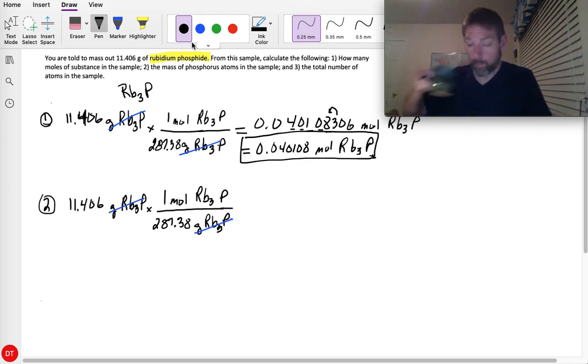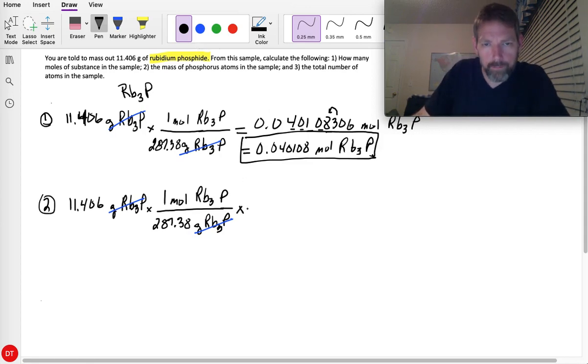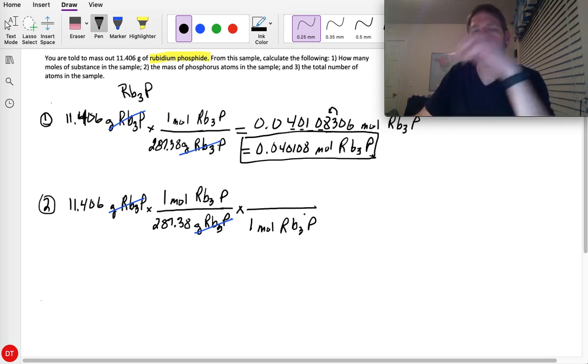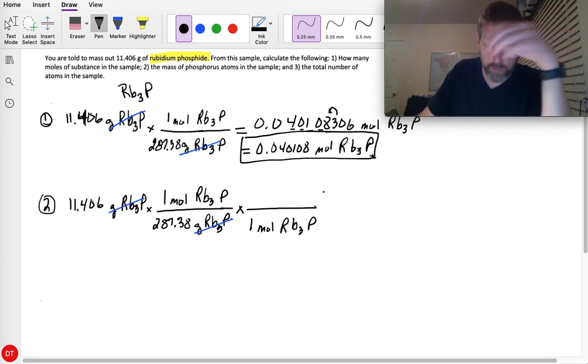All right. So now at this point, what we want to know is, what is it we're trying to figure out here again? How many phosphorus atoms are there? All right. So what you have to do, obviously, is bring this down here. So 1 mole rubidium phosphide. So let's think about what we know about ratios. This is a mole of substance, which means that there's 1 mole of this whole thing here.